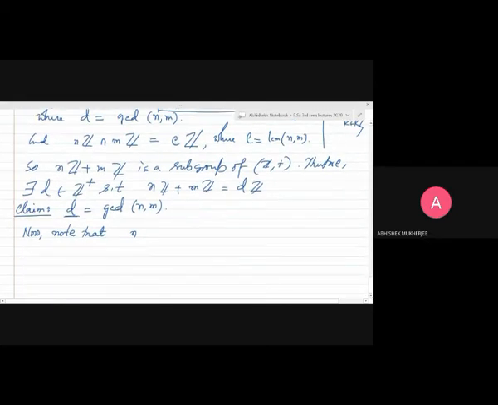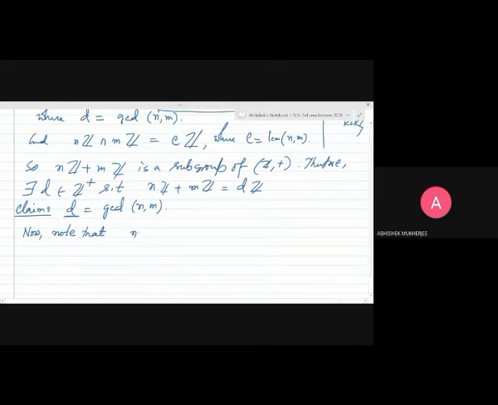So first of all, nZ plus mZ is a subgroup of Z plus, and for this reason, you will get some d belonging to Z plus such that nZ plus mZ equals dZ. Our claim is that d will be the GCD of n comma m, and to check this, you first need to check that d is a common divisor of n and m.